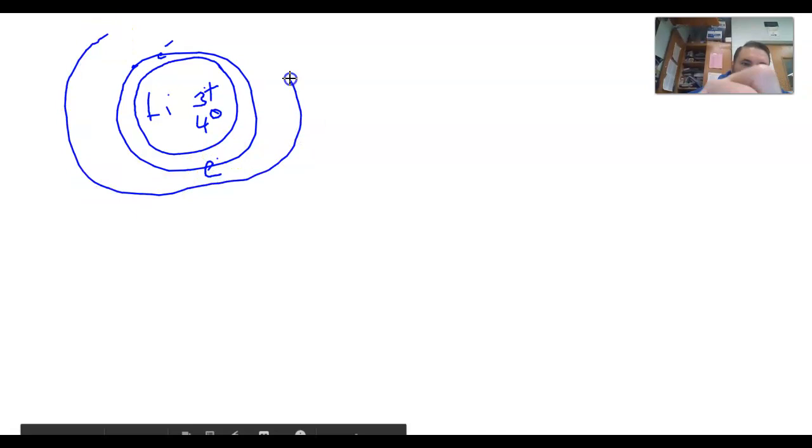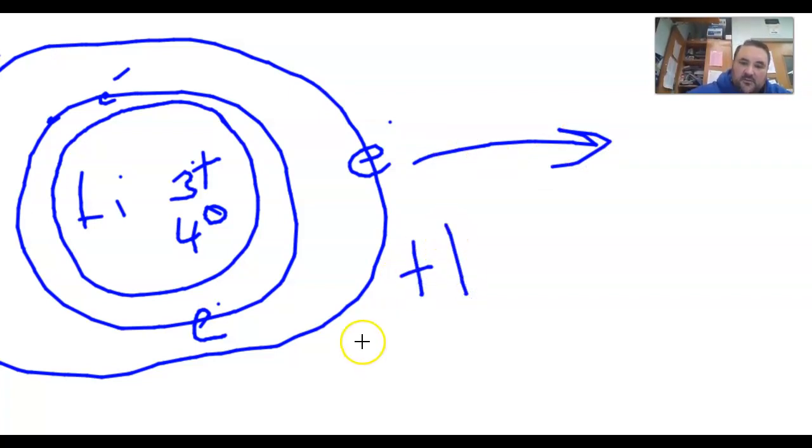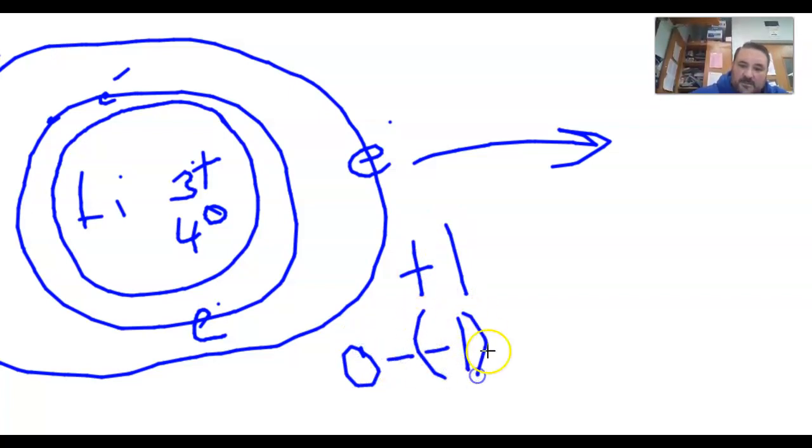And then this next shell has only 1 electron. It doesn't really want it, so that electron tends to leave and go somewhere else. So it loses that. Everything in that group, when it loses an electron, becomes a positive 1. Remember, 0 taking away a negative 1 equals positive 1.